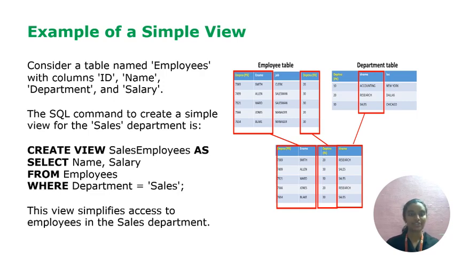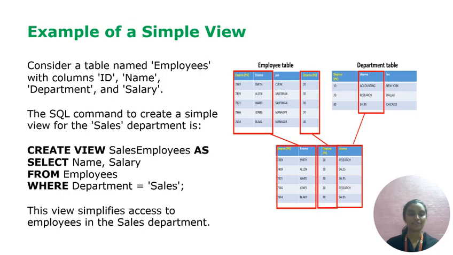Create view sales employees as select name, salary from the table employees where department is equal to sales. Here from the table employees where the department is equal to sales, that particular name and salary can be displayed by using the create view, which is named sales employees.